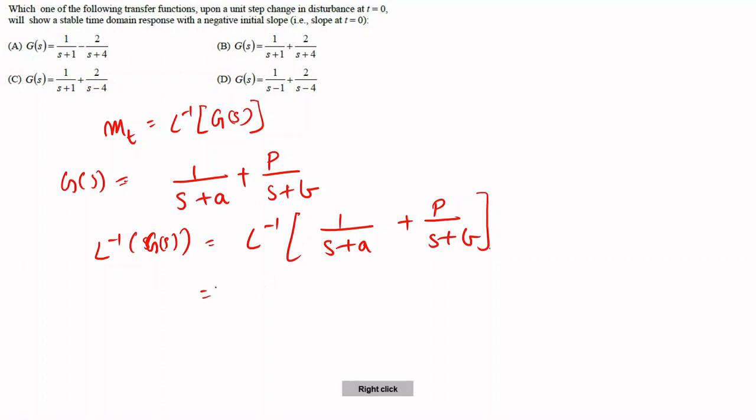So this will be equal to, first of all, the Laplace inverse of 1 upon s plus a, which is e raised to minus at, plus p, which gets common, and 1 upon s plus b will be e raised to minus bt. So ultimately this is our derivative.